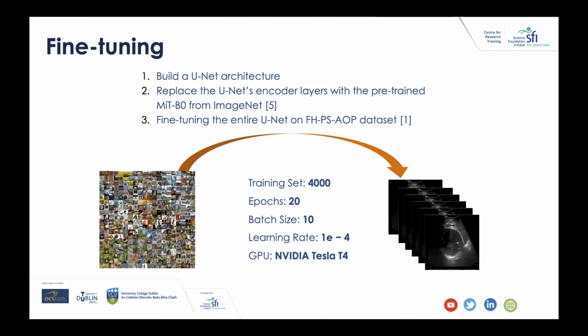Our training parameters are shown here. Each epoch takes about 2 minutes, so in total we trained our model for over 40 minutes. We didn't apply any data augmentation on our test dataset, only on the training dataset.